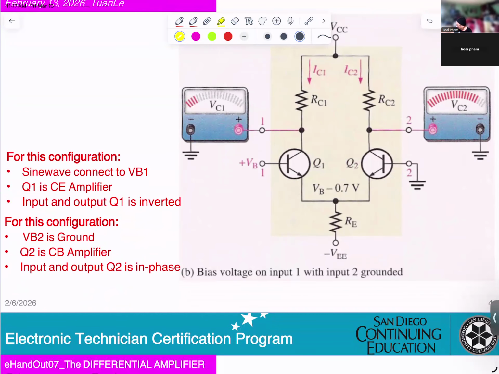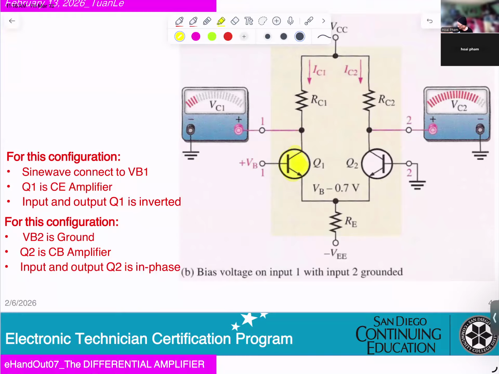And now, for this configuration, a sine wave is connected to VB1. That means they connect the signal into VB1, a sine wave.